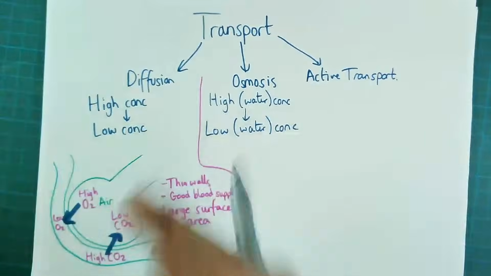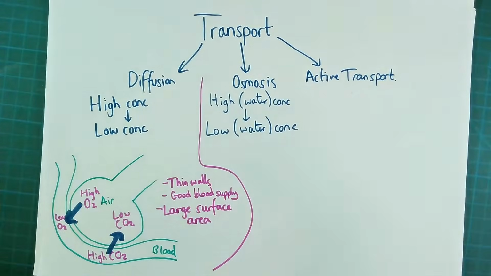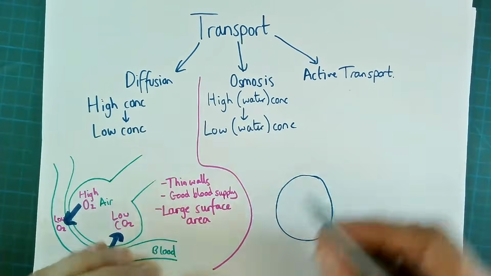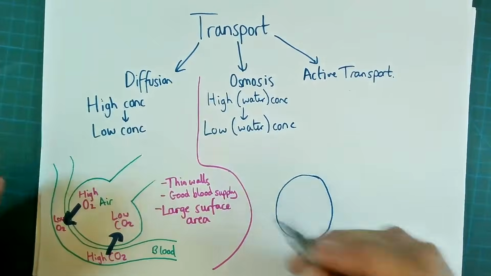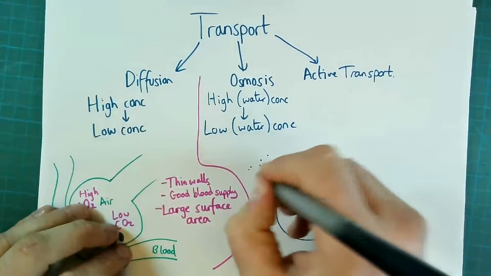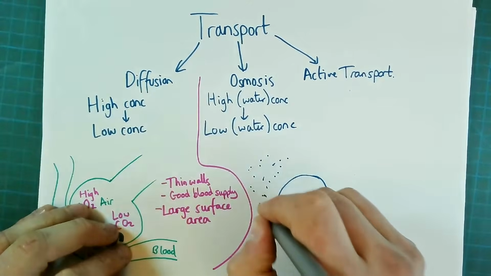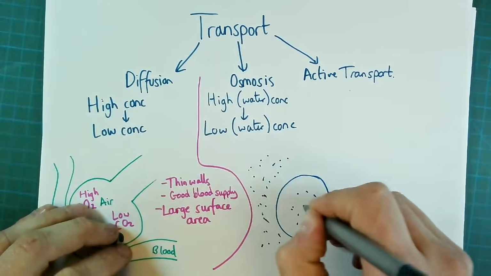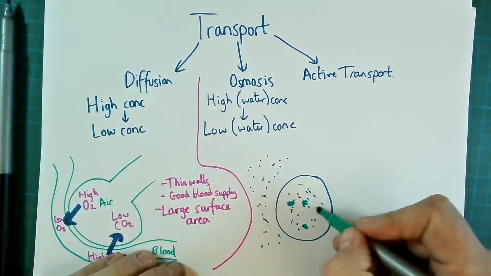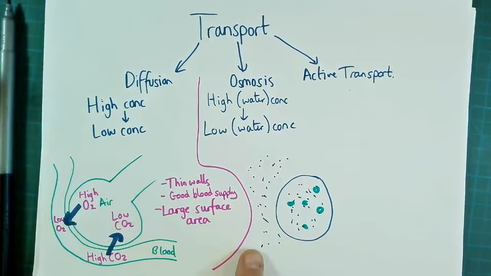You have in your cell, you've got lots of water, you've got lots of stuff in the water. Okay, so if I take my cell, inside here I've got some bits dissolved in water, and let's say I put the cell in pure water. So out here, there's lots of water. Inside the cell, there's water, but crucially, there might be some bits in there. In this situation, I've got a higher concentration of water outside than I have inside.